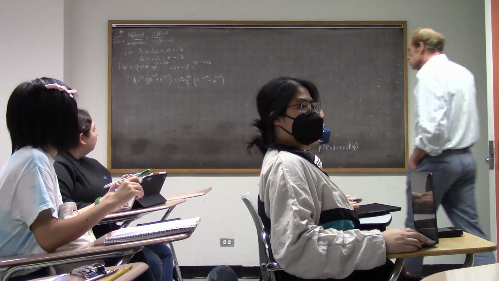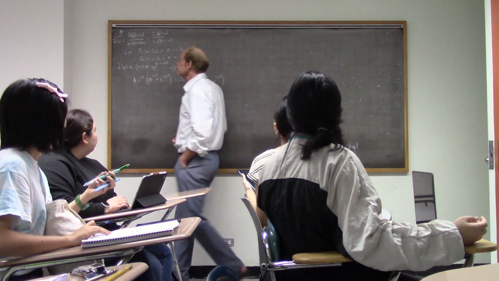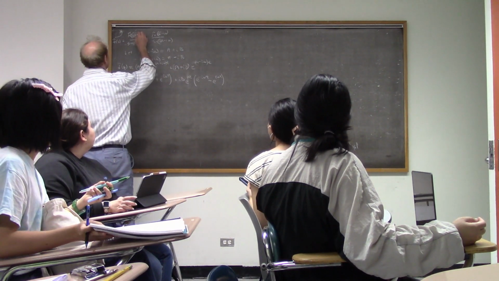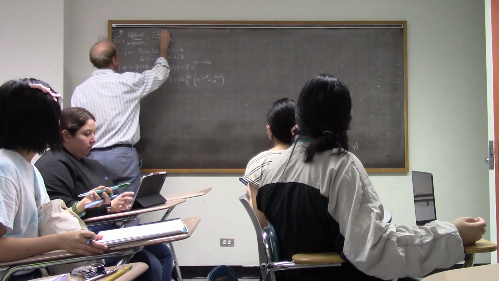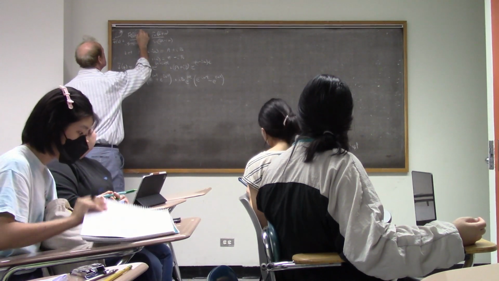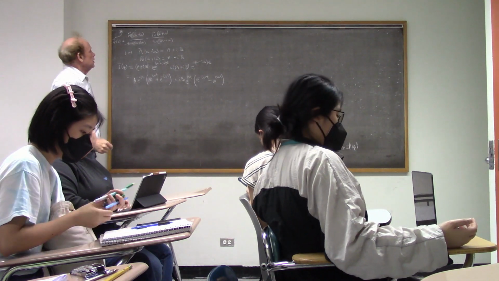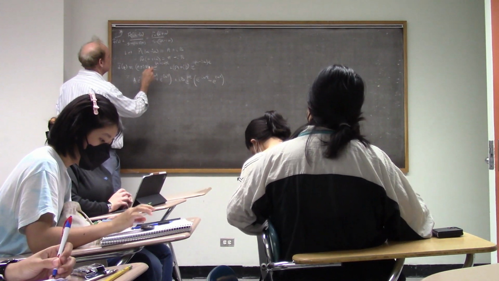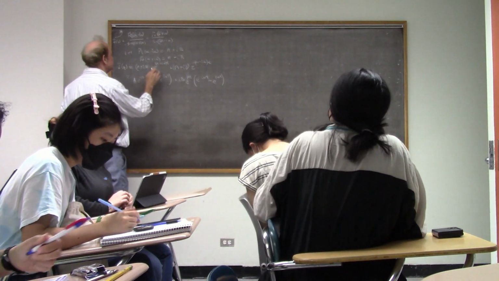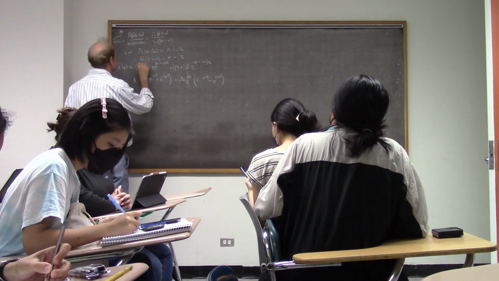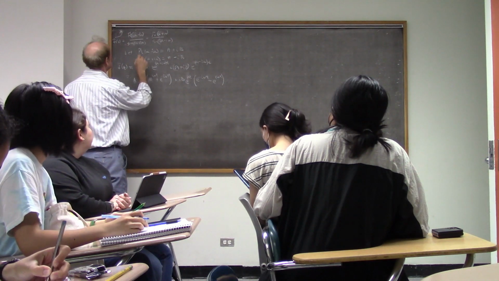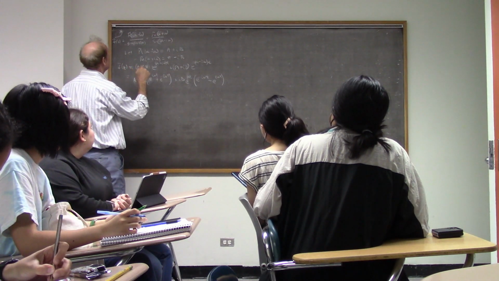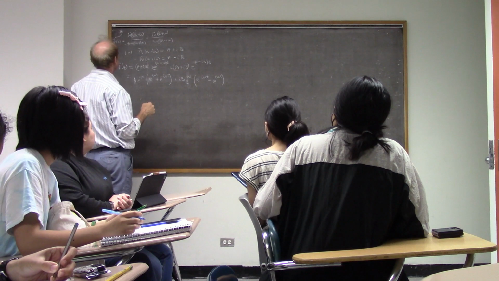So what's backwards is this should have been minus here, and this one should have been plus. So when I do that, that switches the sign. This should be plus. So let's get the signs right here.